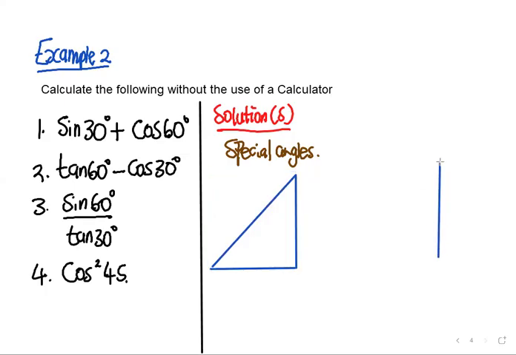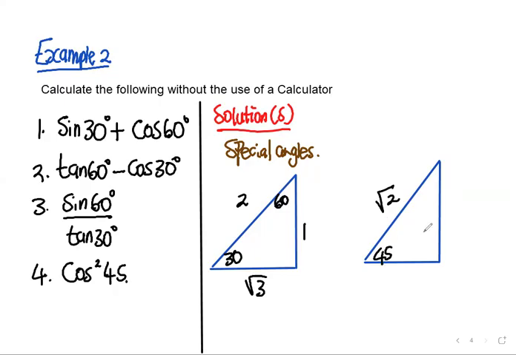These are the special angles that you must know by heart. They are not going to appear on the formula sheet. These special angles are 2, 30, 60, 1, square root of 3, square root of 2, 45, and then 45, 1, 1.